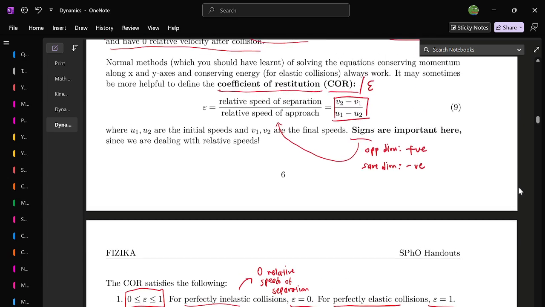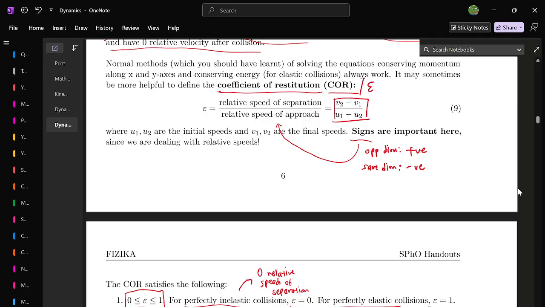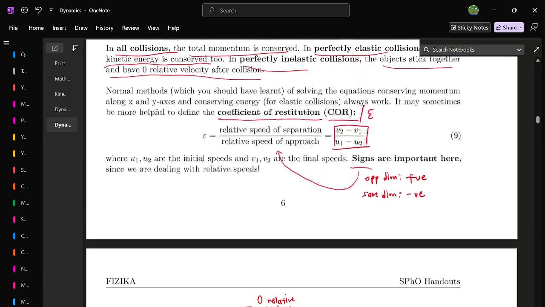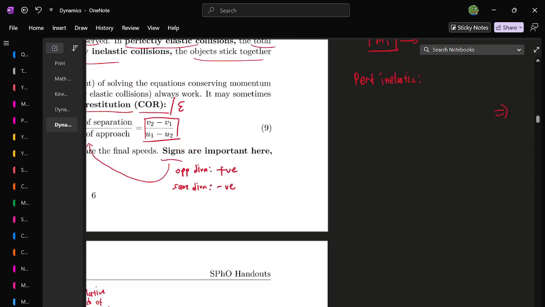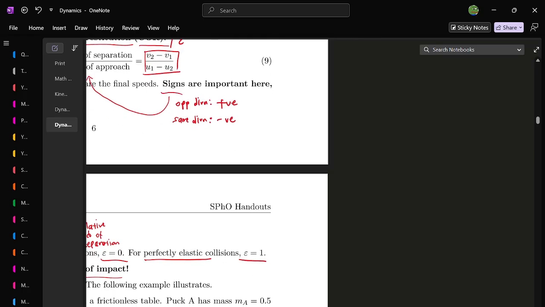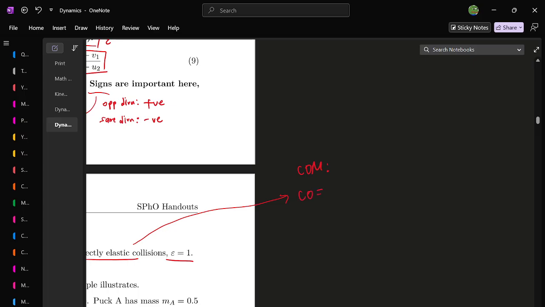Now, just a short interlude before we go into that, to see how the COR comes about. Let's say we take the case of a perfectly elastic collision. We can write COM and COE, which is conservation of kinetic energy, so we can write two equations as such.